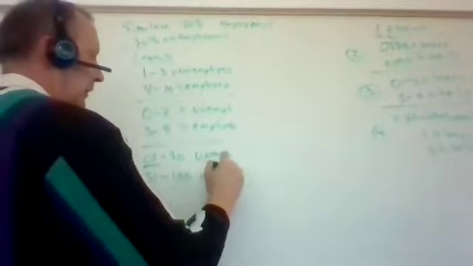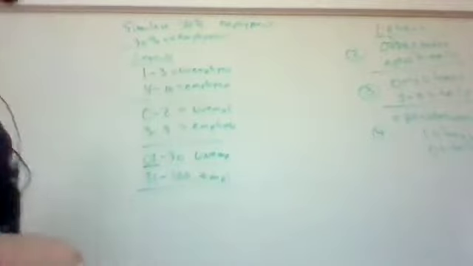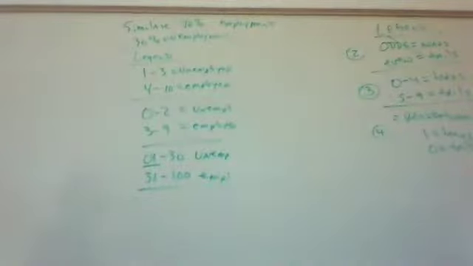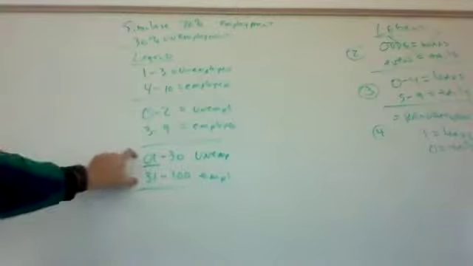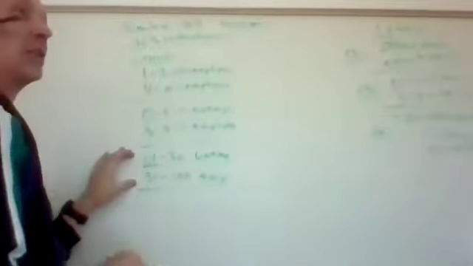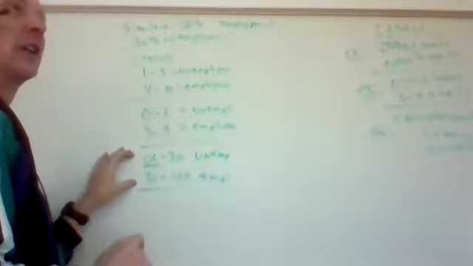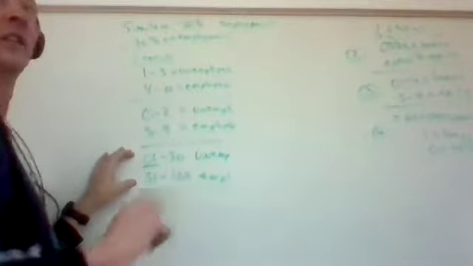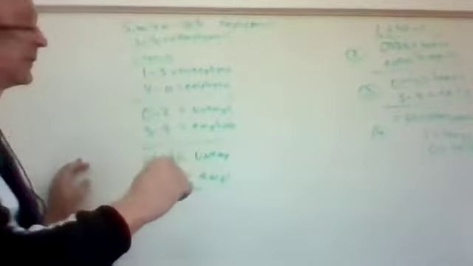Now, if I wanted to use 2 digits, I could use 0, 1 through 30 are the unemployed, and I could use 31 through 100 as employed. Now that's probably a great method that you're going to use for Excel. If you're using the table, you probably want to decrease all of those values by 1.